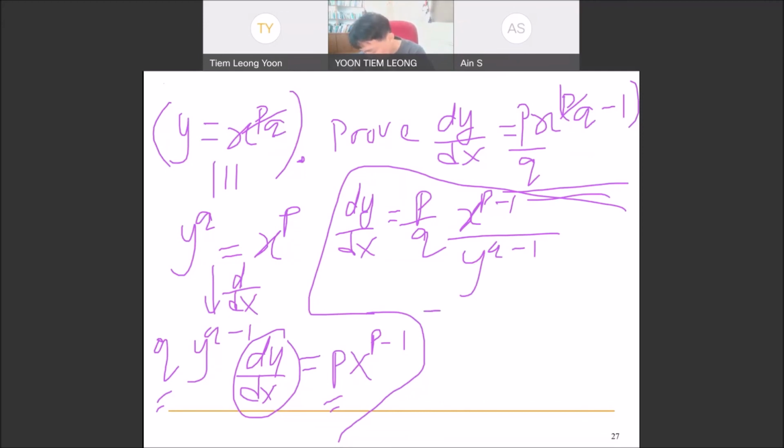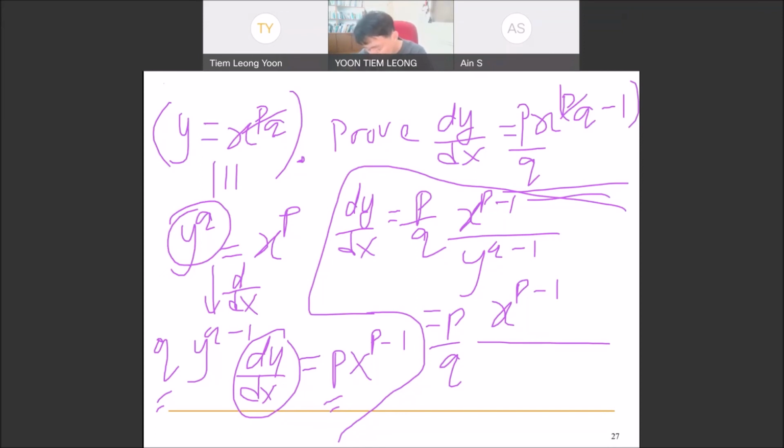Okay, so just let me copy down p over q. So you have p x raised to the power p minus 1 and y^(q-1), right? So y^q is just your x^p, right?